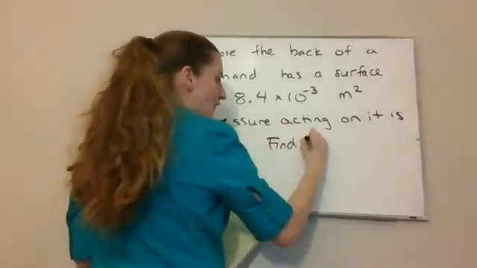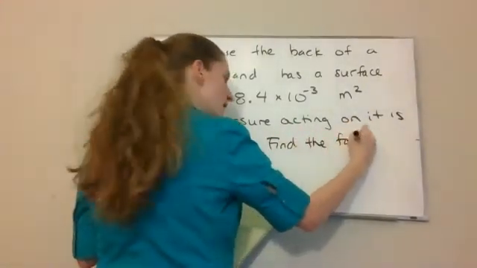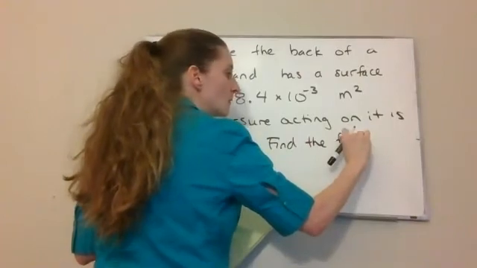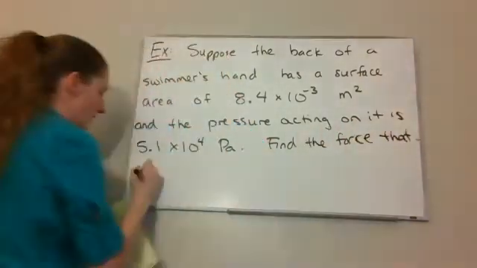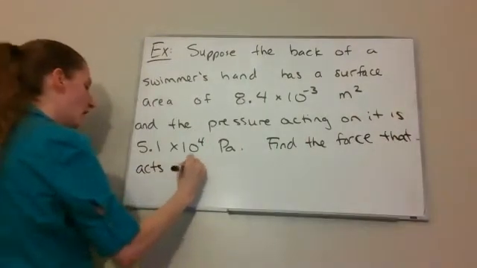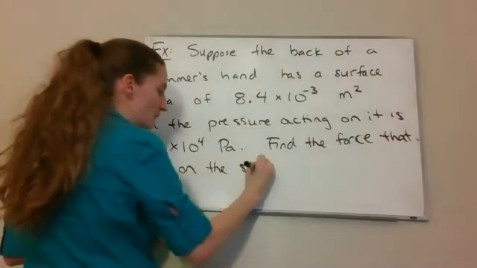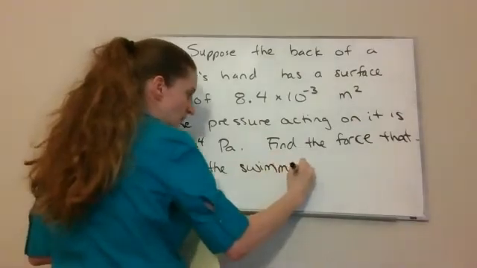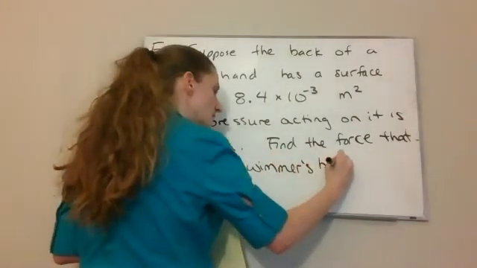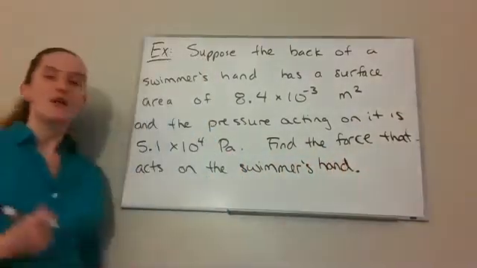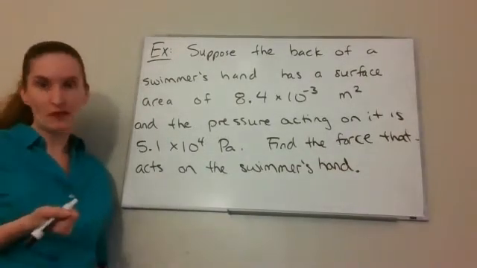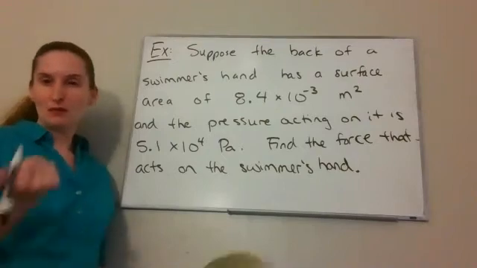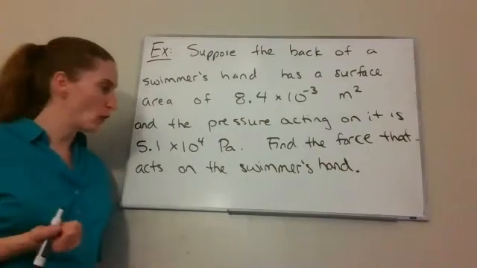Now let's find the force that acts on the swimmer's hand. So we're going to use that formula that we had, the pressure equals force divided by area, and then manipulate it to solve for our force.